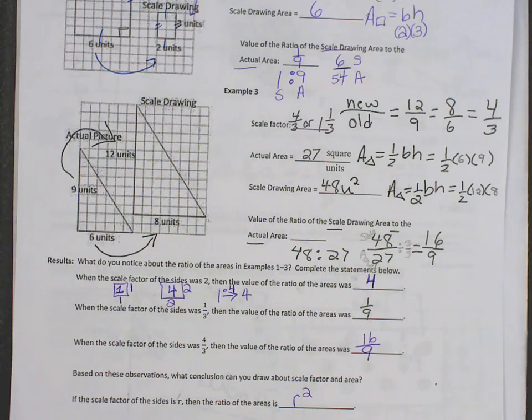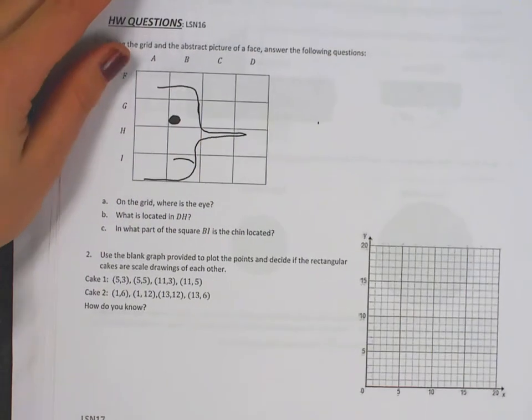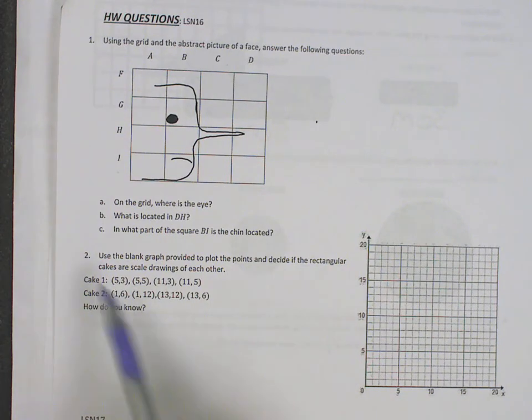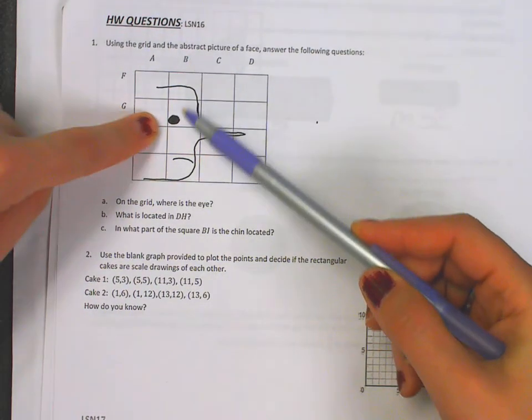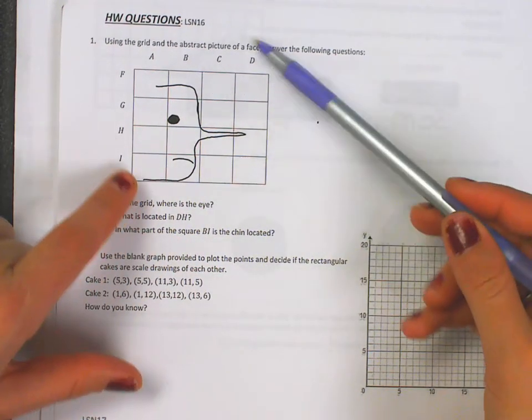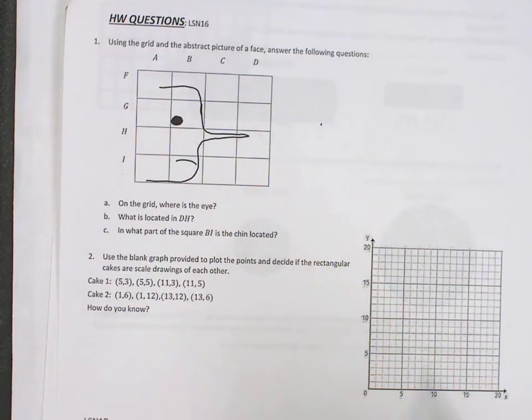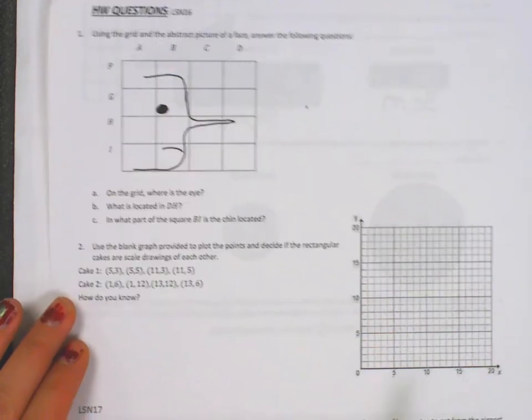Okay, are we all done? I think so. So you have homework, which is the rest. You have to read this graph on the grid. Where is the I? It is here. What is located in DH? You're going to have to plot some points.